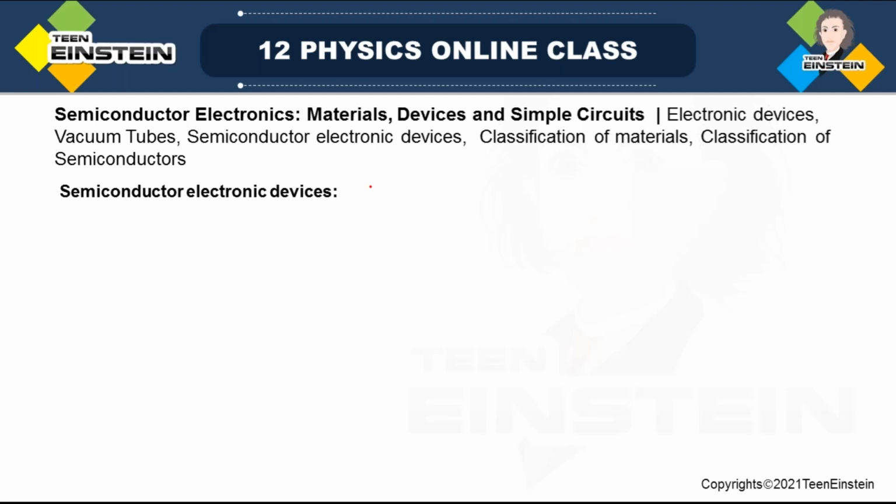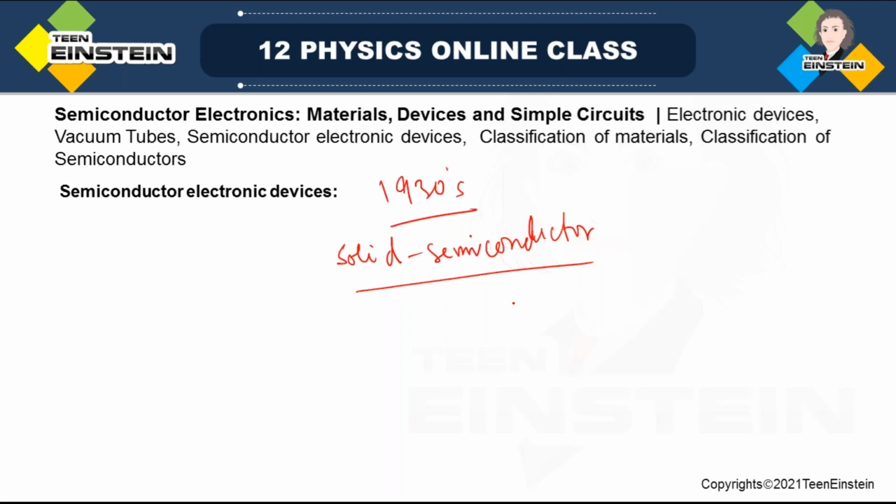In the 1930s, it was known that there are solid semiconductors. Solid semiconductors and their junctions offer the possibility of controlling the number and the direction of flow of electrons.